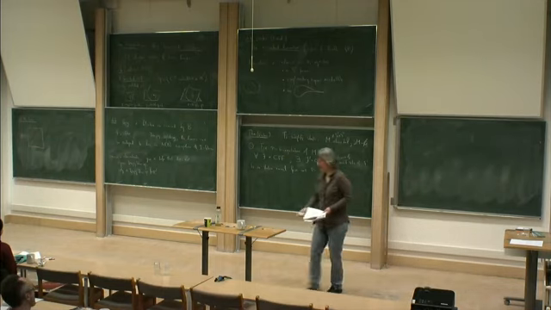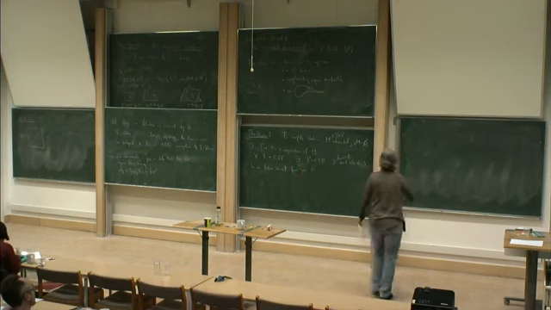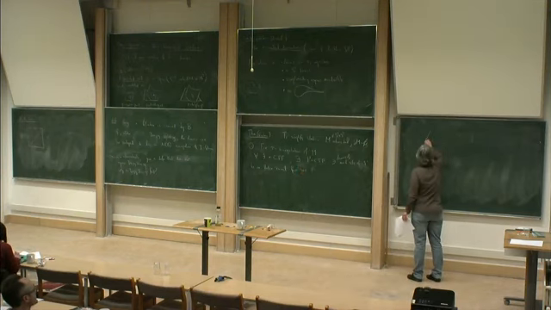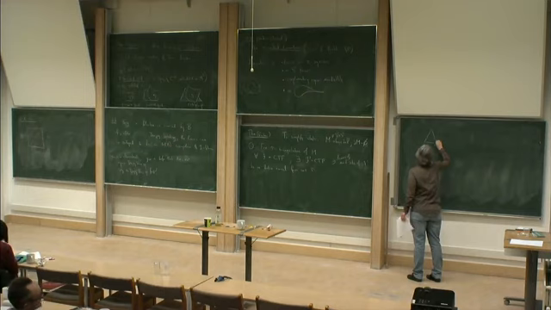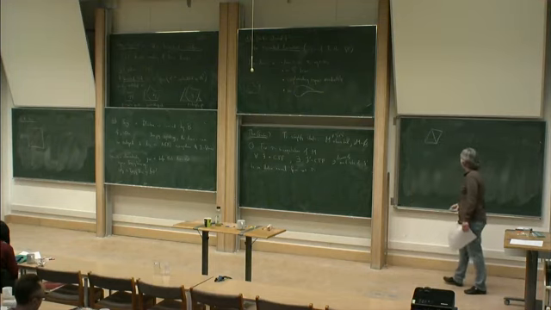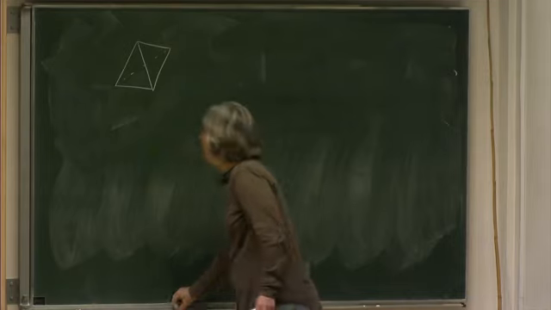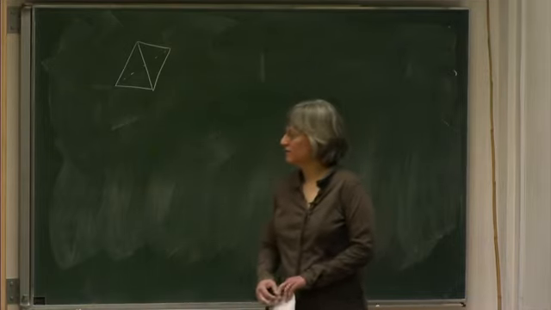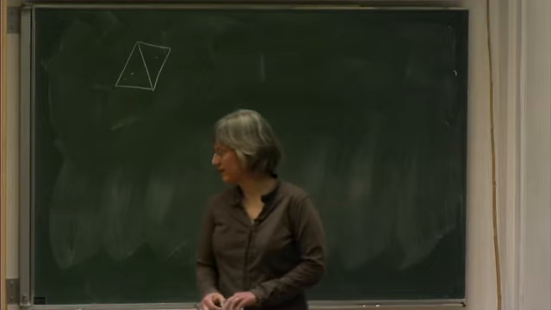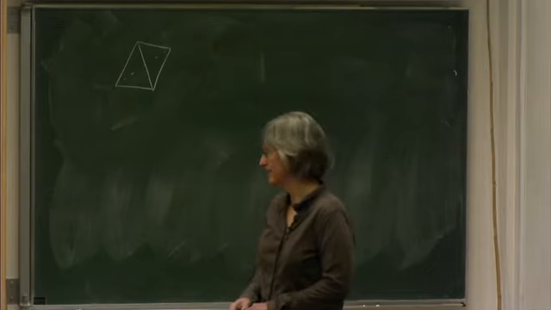Okay, so I have a triangulation of my manifold. Okay, so I have my manifold written as a union of tetrahedra, and I would like surfaces to meet my tetrahedra in particularly nice ways.